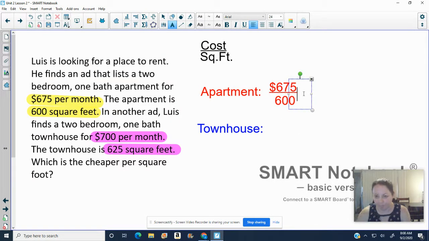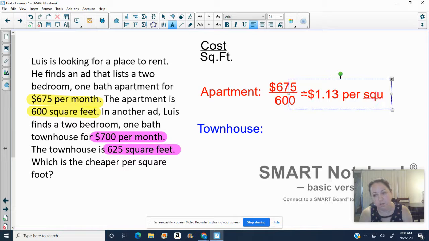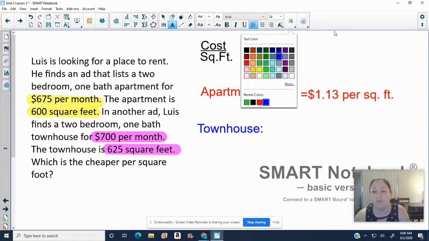We don't have 3 decimal places in money, so I'm going to go with $1.13 per square foot. We're going to do the same thing for the townhouse.